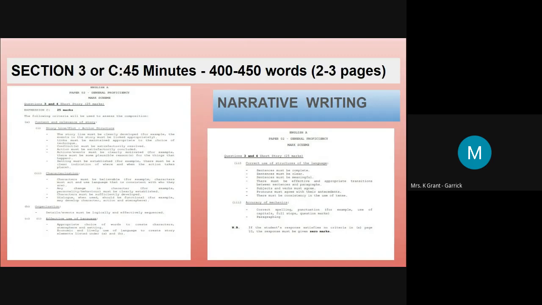And as we continue to see what CSEC is marking you for, of course, we can't overlook the fact that language is important. So use of language must be clearly presented. So you're asked to ensure that appropriate choice of words is used to create characterization, the atmosphere and the setting, and to ensure that the information is lively.